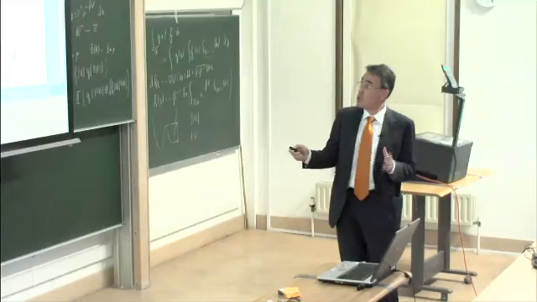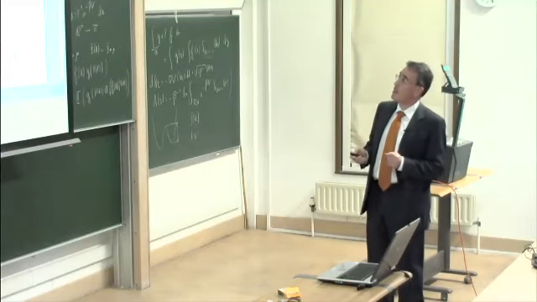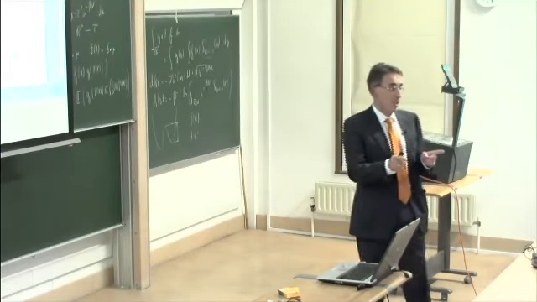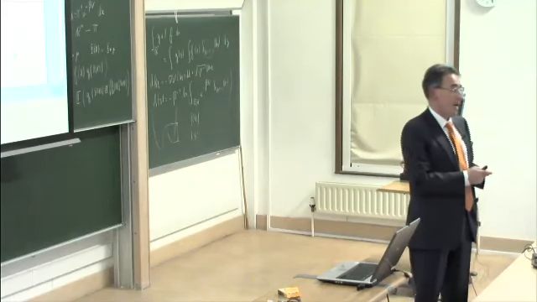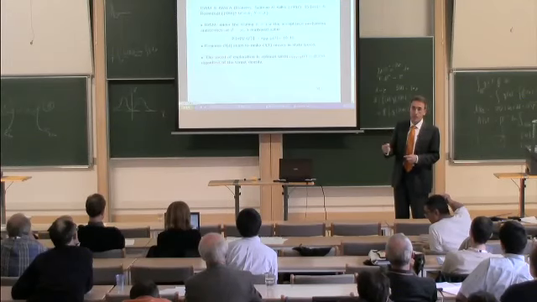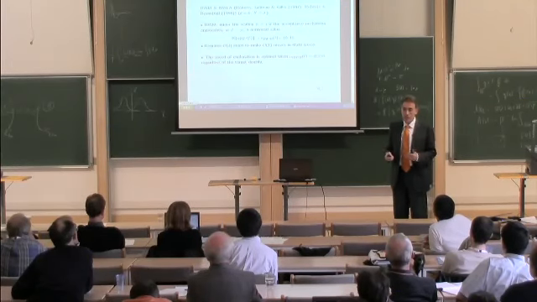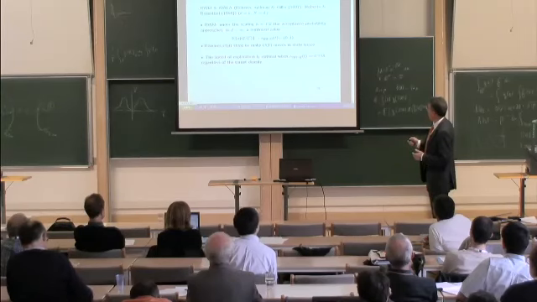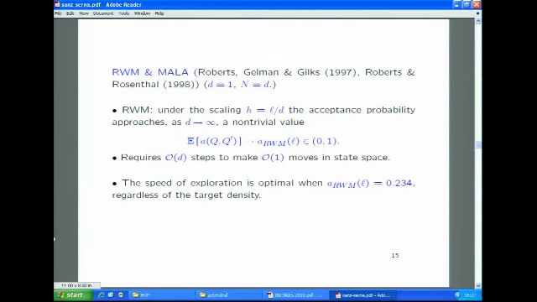So they showed that if you scale this parameter h in the algorithm to be proportional to 1 over your number of degrees of freedom, then you will find that in the limit where the number of degrees of freedom d goes to infinity, the acceptance probability will be non-trivial, will not be 0.